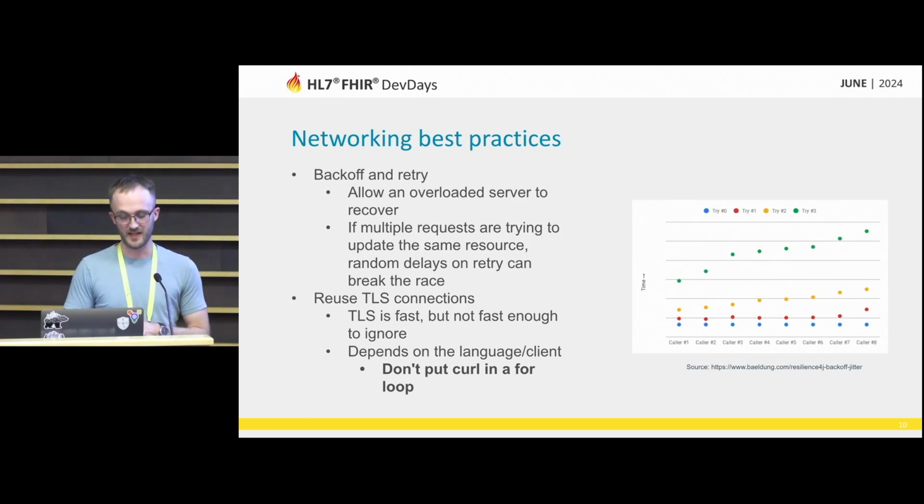We don't have to worry about this being a major blocker, but it's not fast enough that you can just ignore it and create new connections to the server every time. So if you do have the ability to reuse TLS connections to a server, it can actually make a big difference. Also, testing with curl in a for loop is not a performance test. It will not work well because of the TLS issues and other things. So please don't say I ran a load test, which was curl in a for loop.